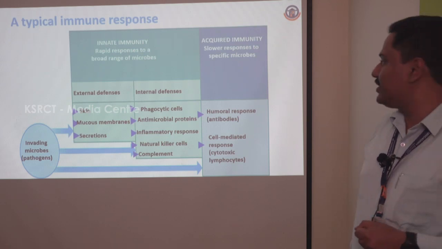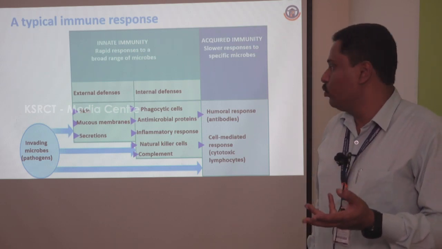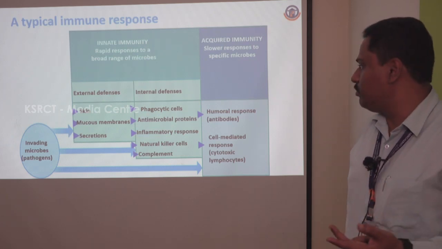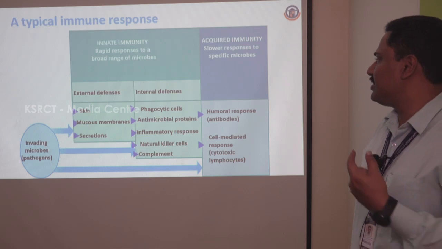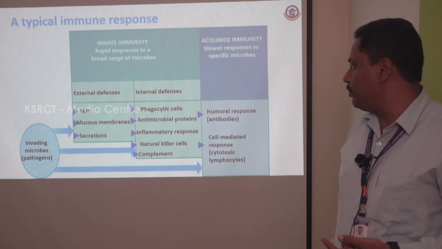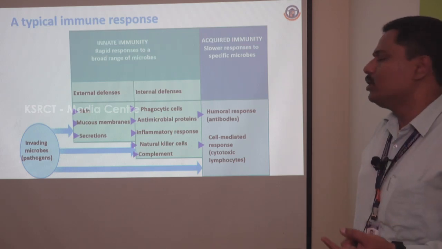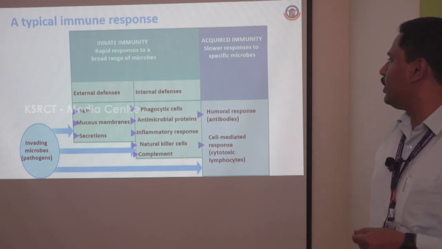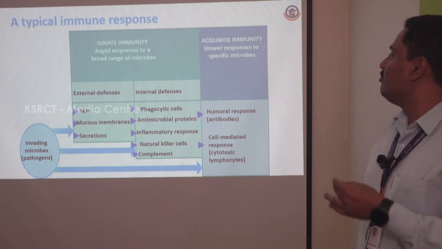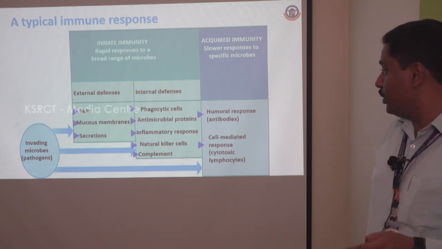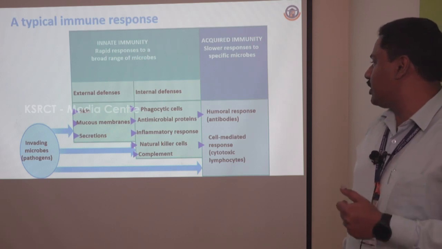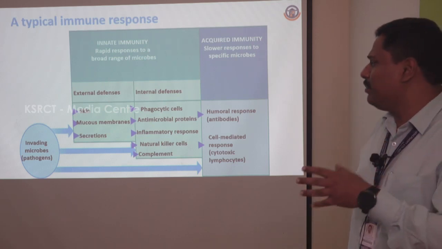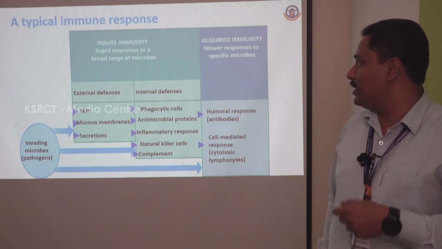The external defense mechanisms include the skin, the mucous membranes on the surface of the body, and secretions such as saliva, mucous membrane secretions or sebum. The internal defensive mechanisms are phagocytic cells, antimicrobial proteins, inflammatory responses, natural killer cells and complement systems, which help eliminate the microorganism or pathogen that has entered the system.